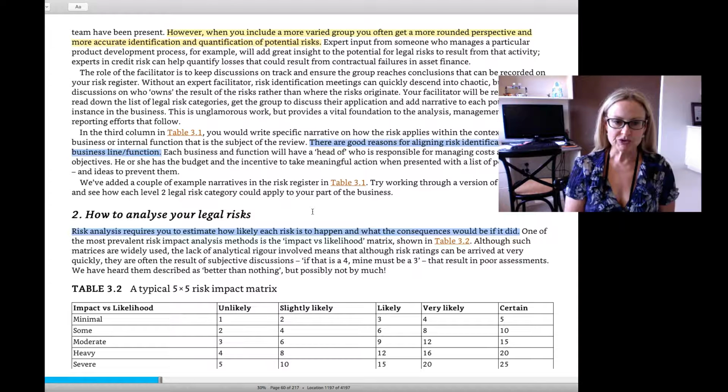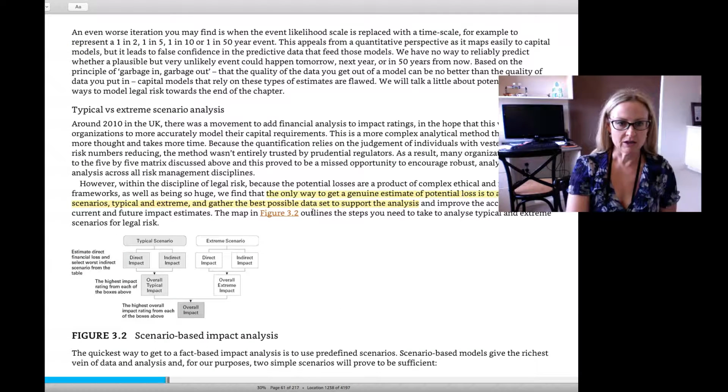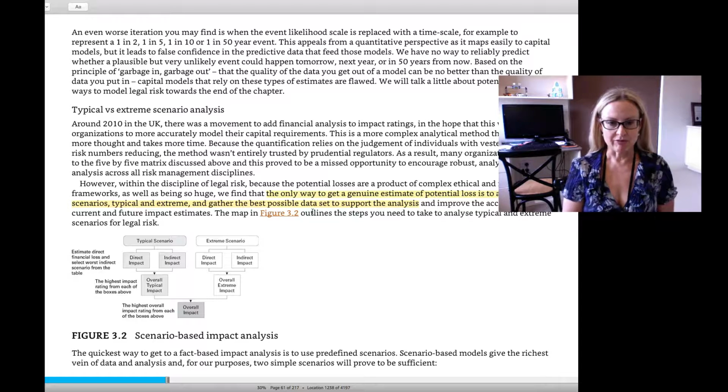So what the authors do is they search around and they settle upon a scenario matrix analysis method. Now here you can see a map of the way that their thinking proceeds.